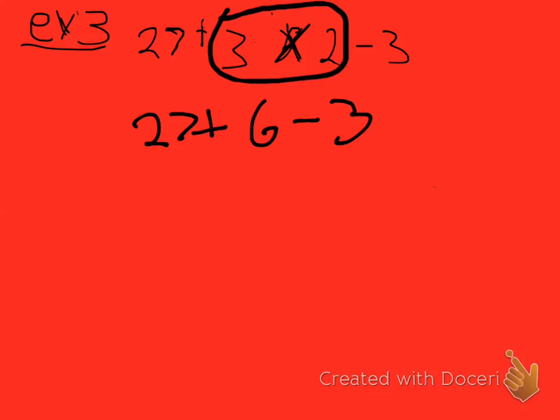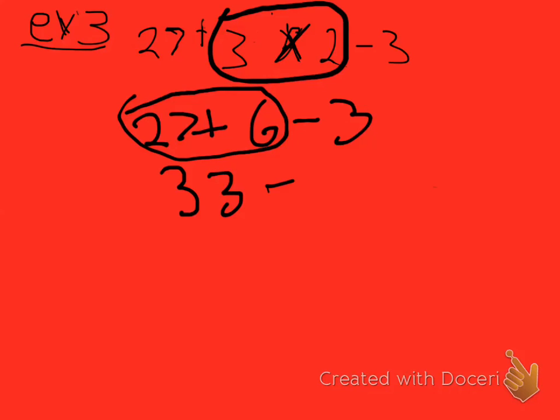Now all we have is addition and subtraction, so we can just go from left to right. Starting with 27 plus 6, which would be 33, minus 3.